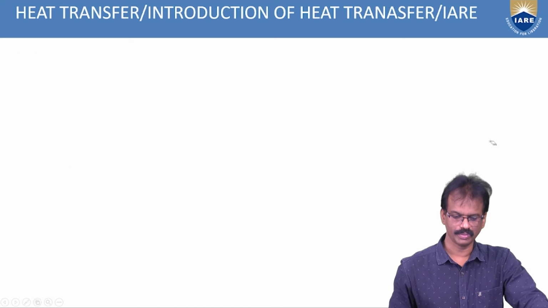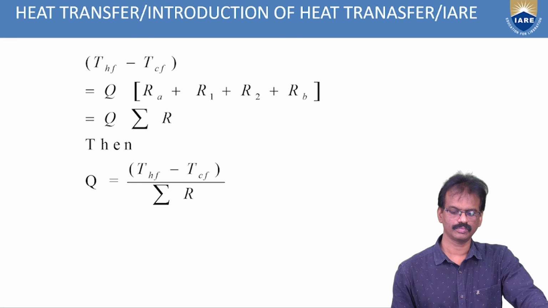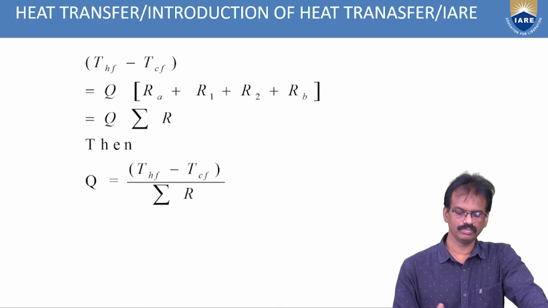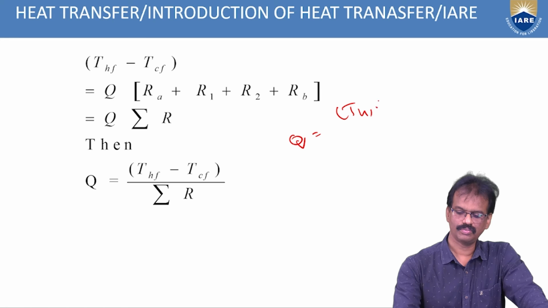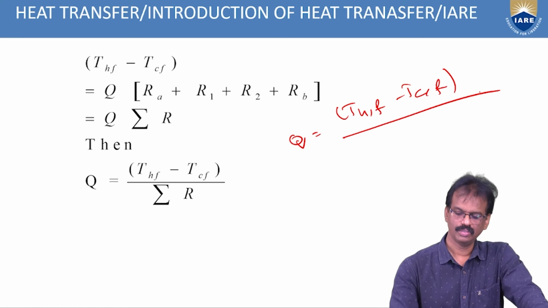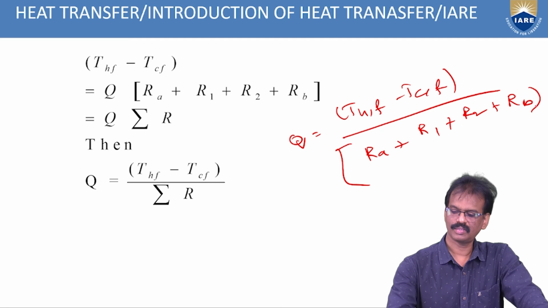Thermal resistivity formulas. You can write like this: Q is equal to the temperature difference THF minus TCF divided by RA plus R1 plus R2 plus RB, the thermal resistivities.